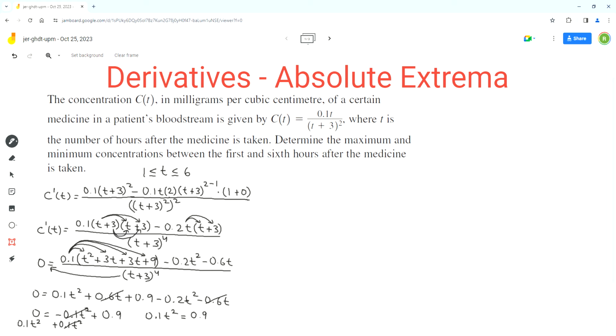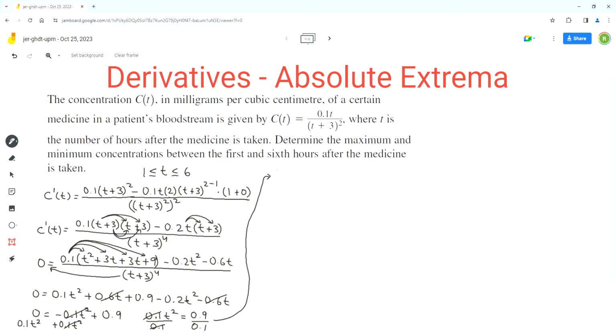Now we can isolate t squared by dividing both sides by 0.1. The 0.1 on the left side will cancel out, and 0.9 divided by 0.1 is equal to 9.